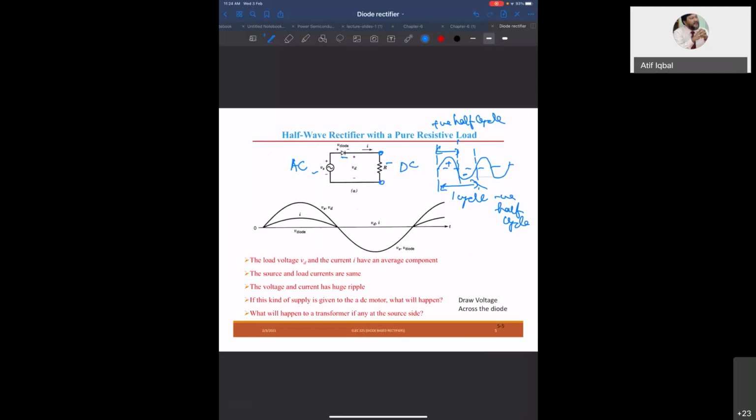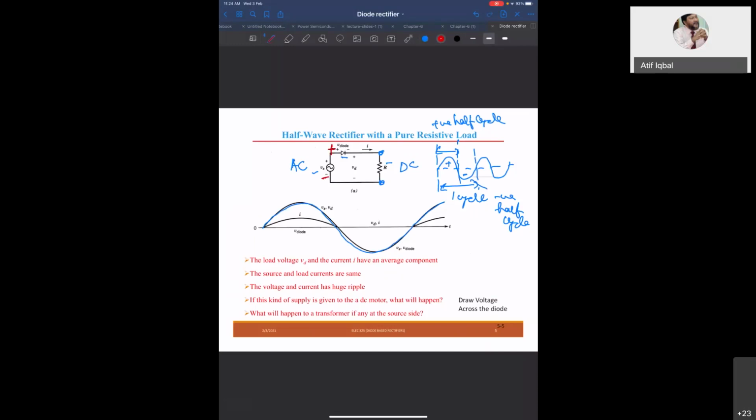So what you see is that this is my source voltage, AC. Then at the output, when this is positive and this is negative, this is the first positive half cycle.